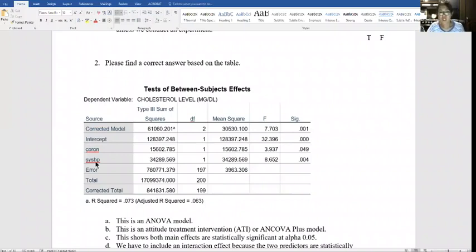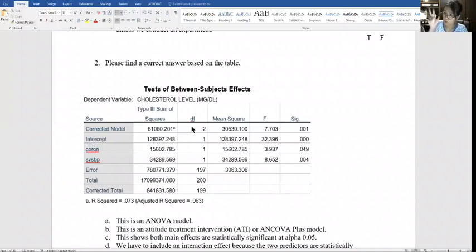Anyway, here you see one categorical variable and one continuous variable. This is an ANCOVA model with no interaction effect. So this is not an ANOVA model, right? What is ANOVA? Let's say math score. If you compare math score among ethnicity groups and the gender group, you have gender and race ethnicity.